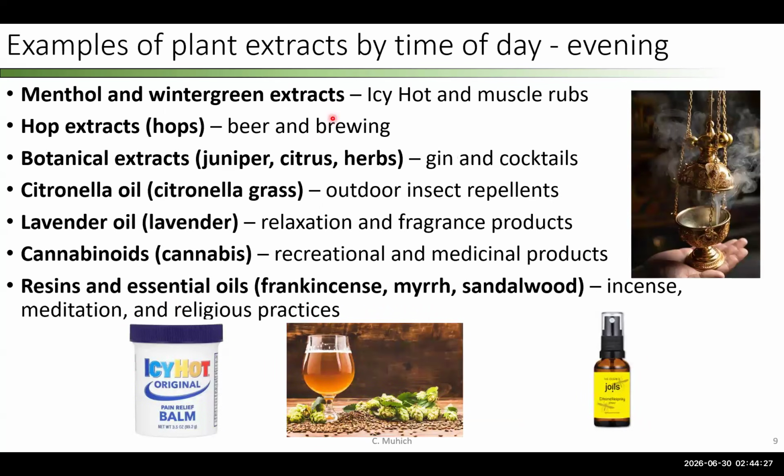By the time we get to the end of the day, you may use something like icy hot or muscle rubs, which have combinations of menthol, wintergreen extracts, and capsaicin to give both that cool and that hot feeling. You may relax at the end of the day with a beer, which has compounds which are extracted from hops.